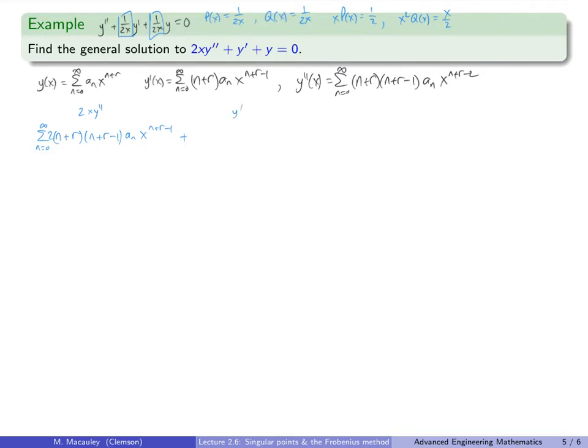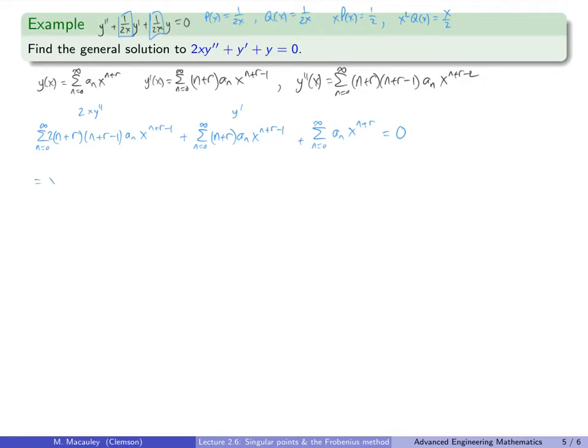So y prime, that's the sum from n equals 0 to infinity of n plus r times a n times x to the n plus r minus 1, plus y, so that's this term, plus the sum from n equals 0 to infinity of a n x to the n plus r, equals 0.